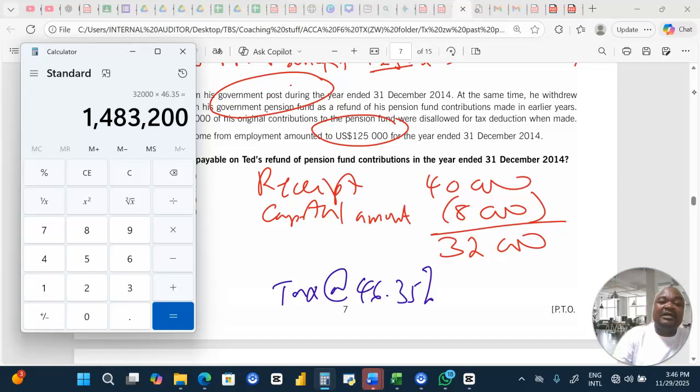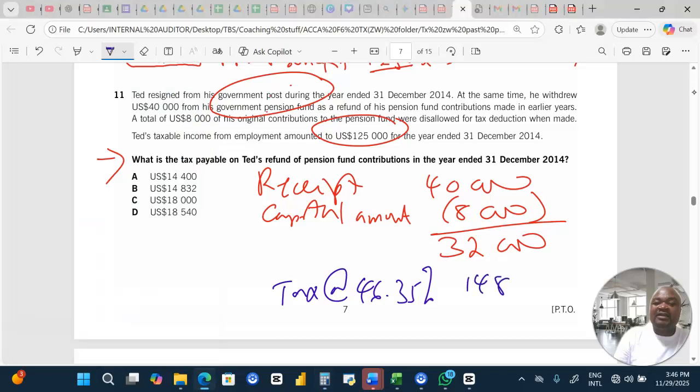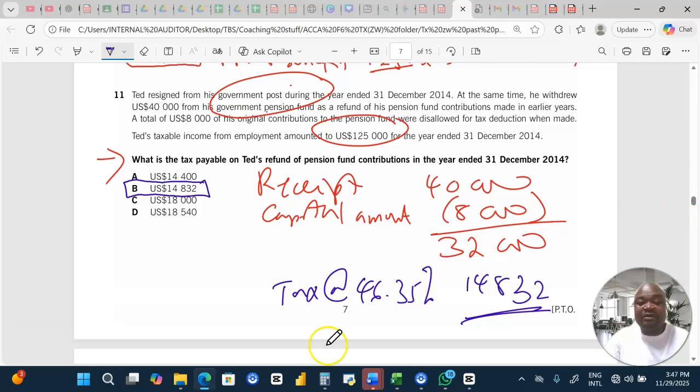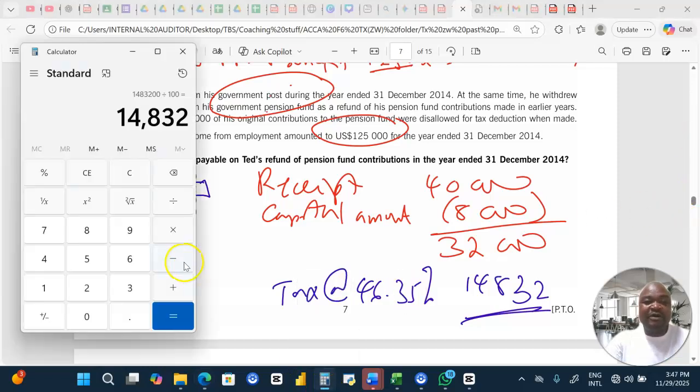Oh my God. Okay, let me just say divided by 100 because I did not put a comma there. Comes to 14,832. That's the answer. Let me just redo the computations because somebody would be lost.